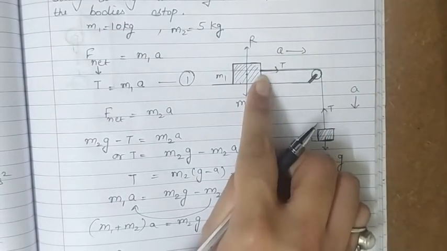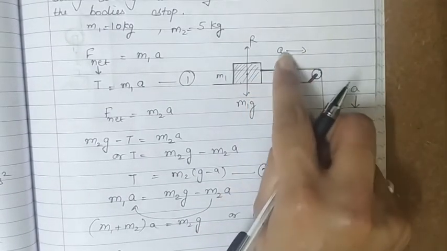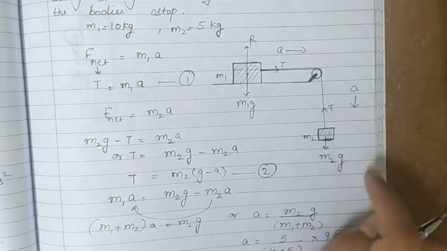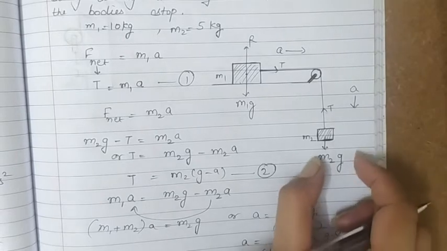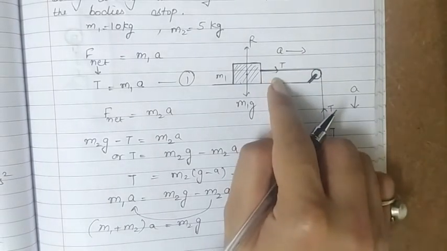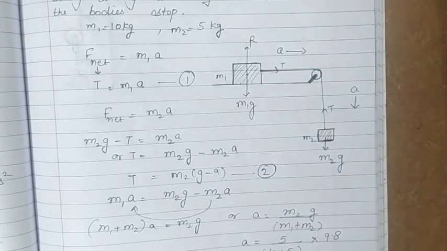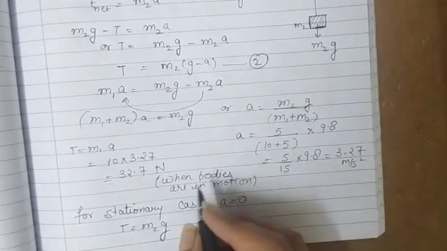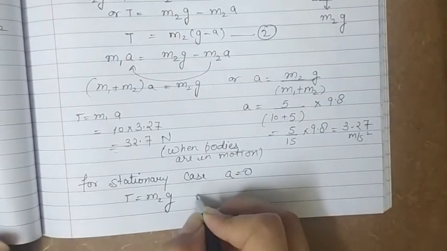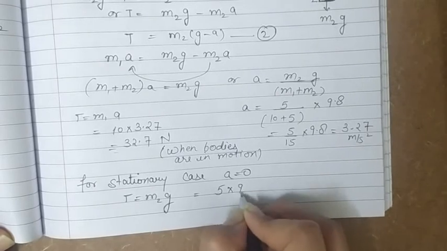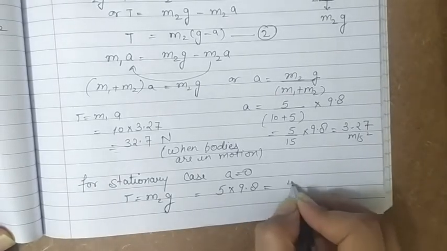There is tension acting on this object, but not because of acceleration, but because of the weight of m2 only. Because of this m2g we will still get tension here, but there will be no acceleration. So this T is equal to m2g and the value for it will be 5 into 9.8, and the answer is 49 Newton.